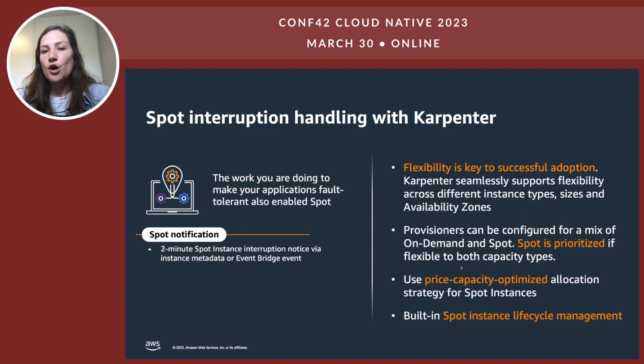What's unique about Karpenter is that it implements all the Spot best practices which are listed in this slide. It simplifies flexibility because by default it allows us to use all the EC2 instance types that are available on the EC2 platform. It uses an allocation strategy of price-capacity-optimized that helps improve the workload stability and reduce the interruption rates by always choosing the EC2 instance from the deepest capacity pool.